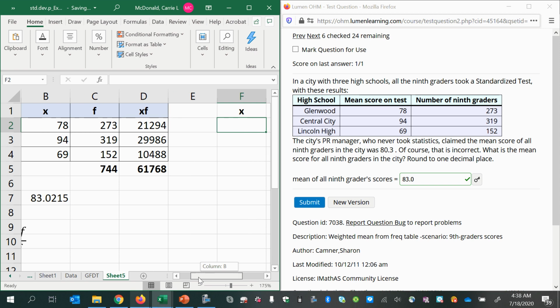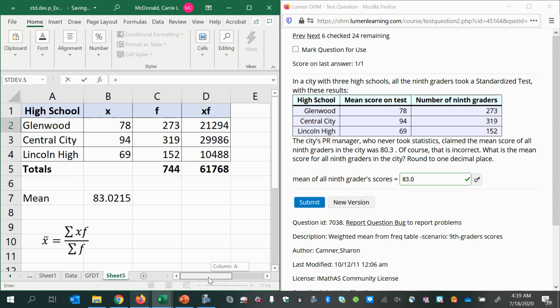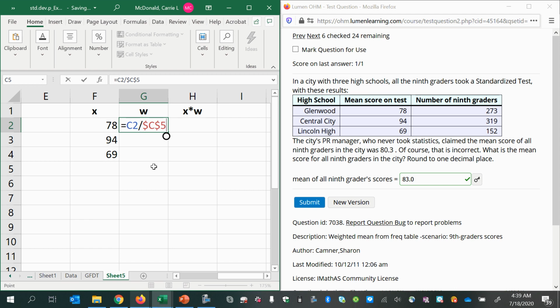You would take all your x values, we'll just copy these over, and each frequency or each weight would be the number of students in that school divided by the total number of students. And let's use F4 to make that sum of F a reference that we come back to for each one of these. So we want to always divide by that same total.